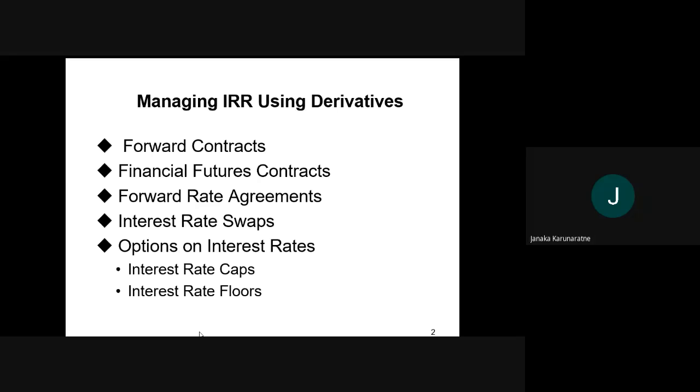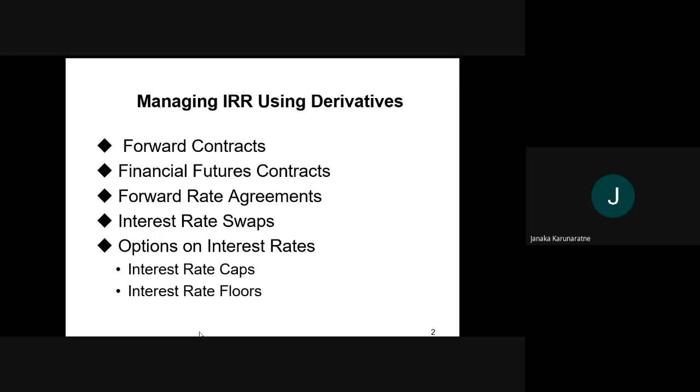Similarly, if you look at a commodity, if you have heard even in countries like Sri Lanka, some time back, I don't know whether it's operating right now, we were talking about paddy forward contracts. So if you look at the paddy contract, the forward price or the value depends on the price of paddy.